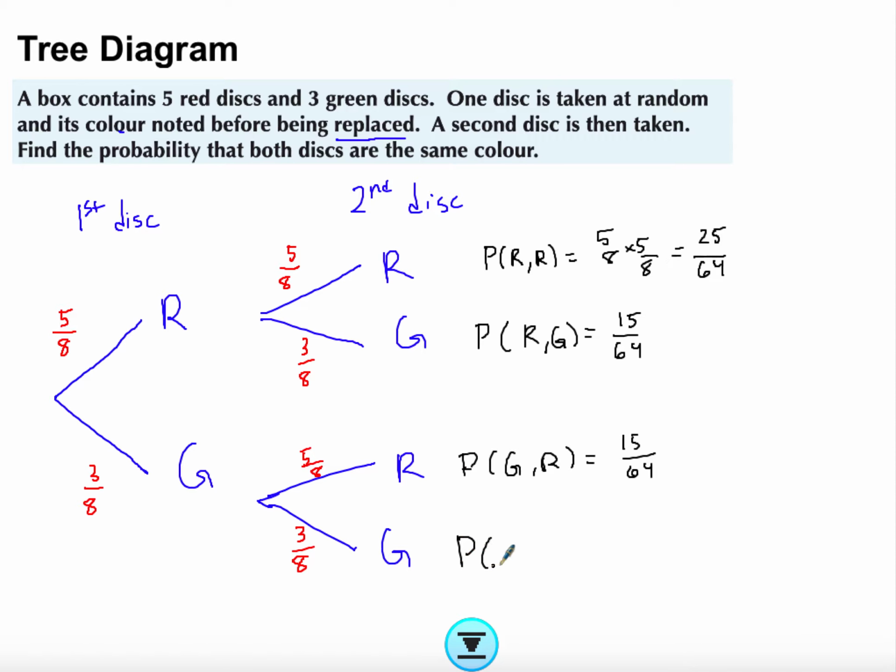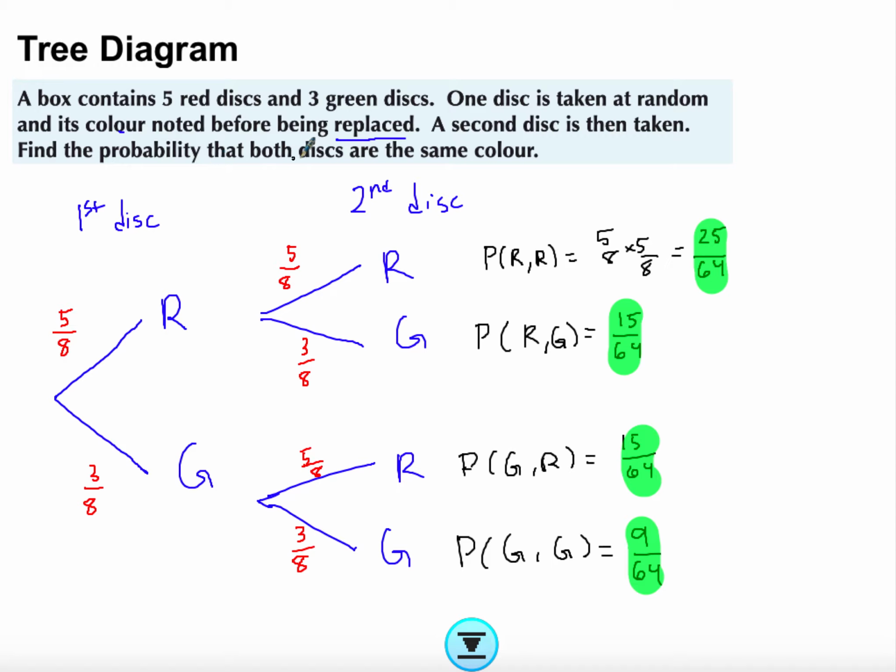And then I have the probability of green and then green, which is 9 out of 64. Now what you will notice is that if you add these up, they should give you a 1. So this or this or this or this, and you add them up and it should give you a total of 1, which is the total of probability. So this is a good way to check that your tree diagram is correct.